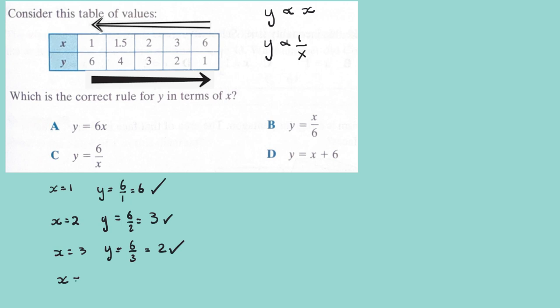So x is equal to 6, then y will be equal to 6 over 6, which is equal to 1, and we've got it right. You want to still check the rule, whether you've got the right rule, but you don't have to go through every single rule. And so we can just highlight C.